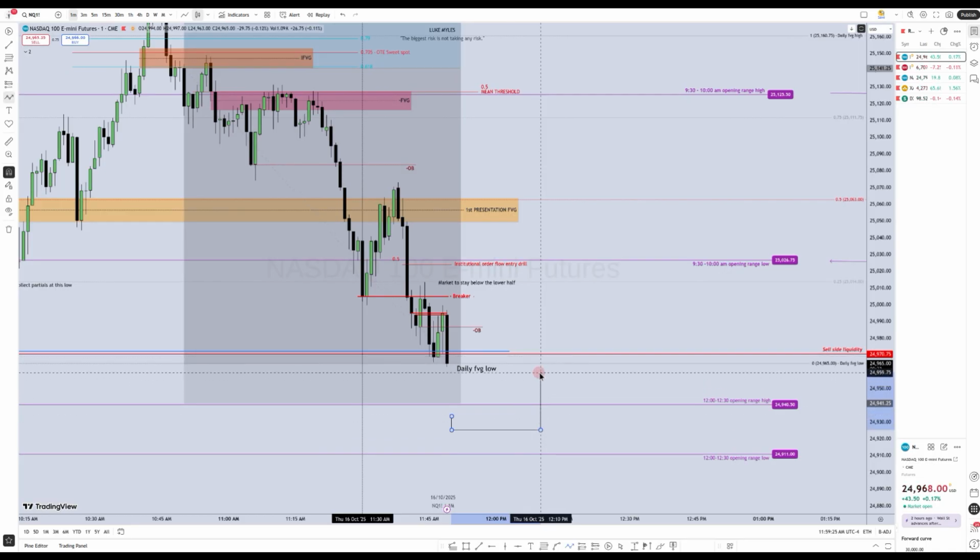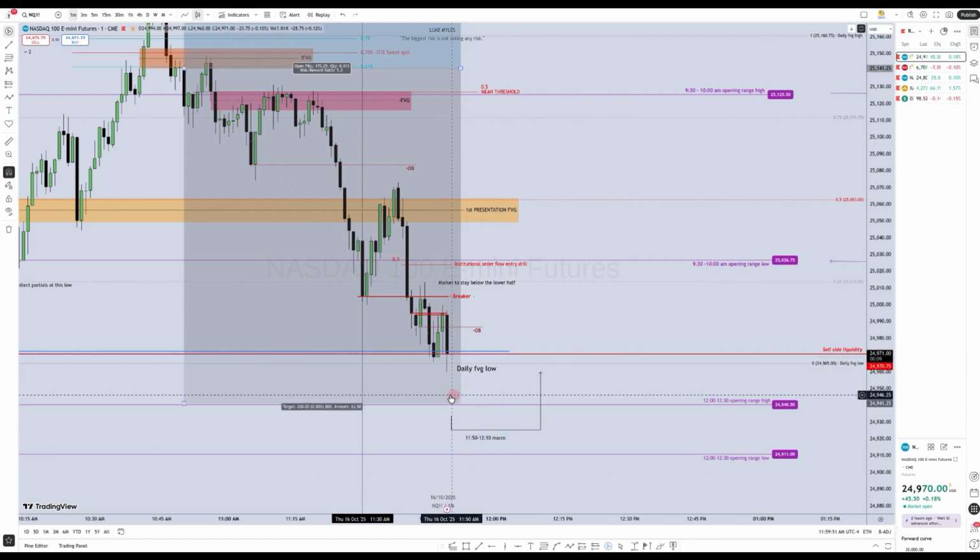And like that, 11:50 to 12:10. I'm not marking anything. This was all recorded real time, not the daily fair value gap low.